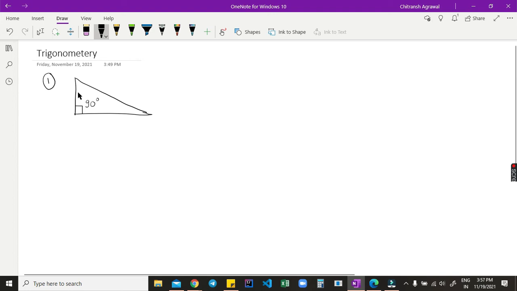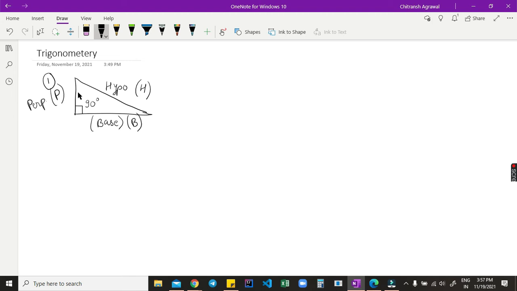The side which is opposite to this 90-degree angle is called hypotenuse, or we can write it as H. One side is called base. The other side is called perpendicular, or P. This is P.